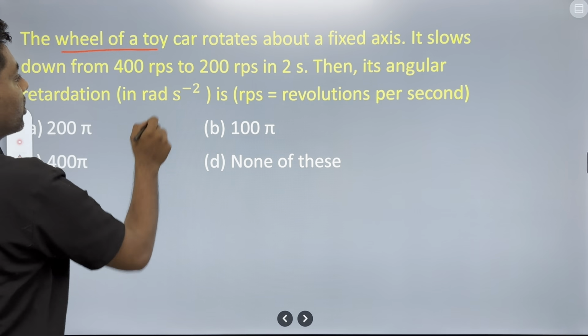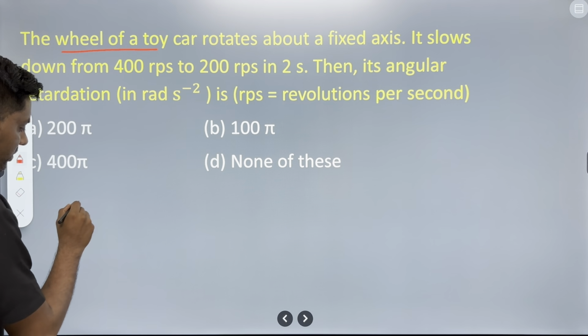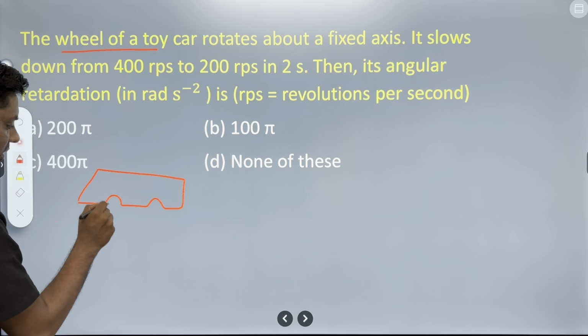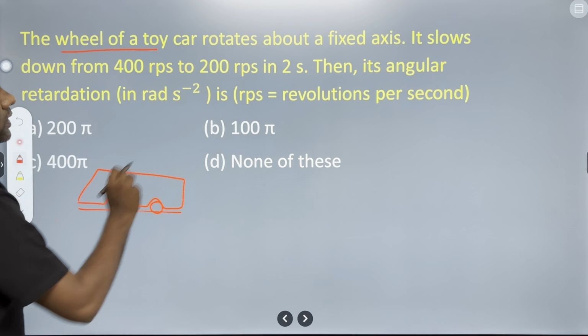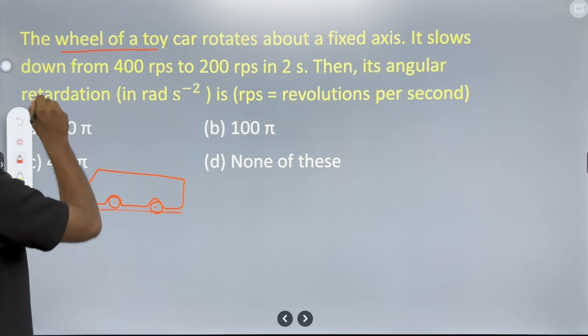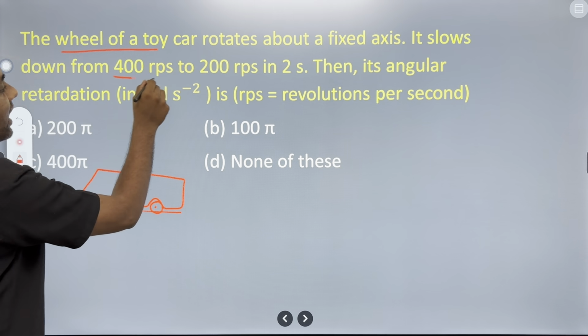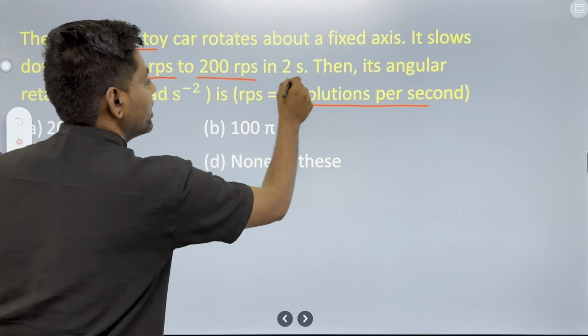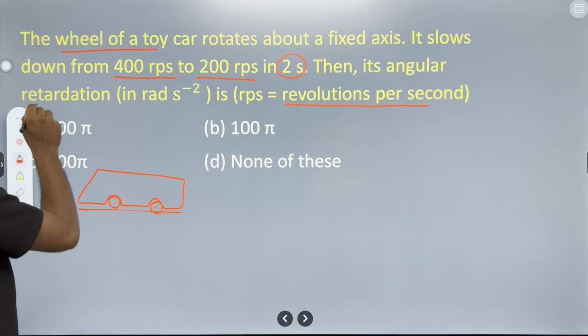Wheels of a toy car rotate. Now there is one toy car given, having wheels that rotate about the fixed axis. So this is the fixed axis. Speed goes down from 400 rps to 200 rps. Rps means revolutions per second, in 2 seconds. Then find its angular retardation.